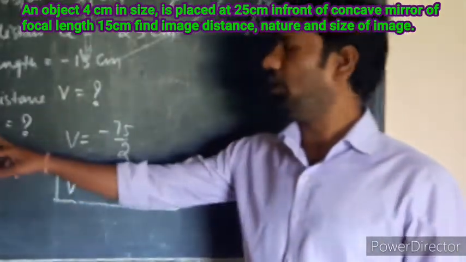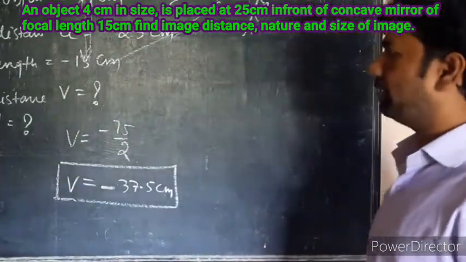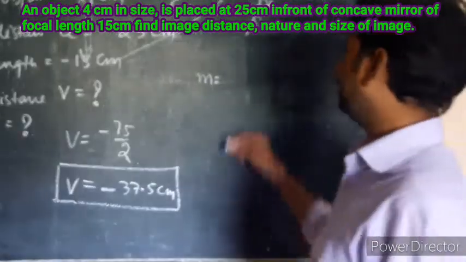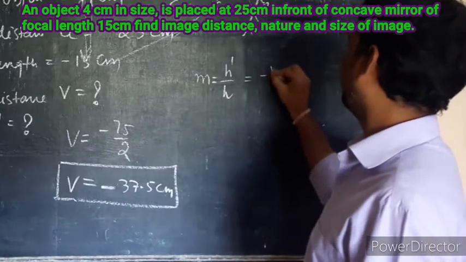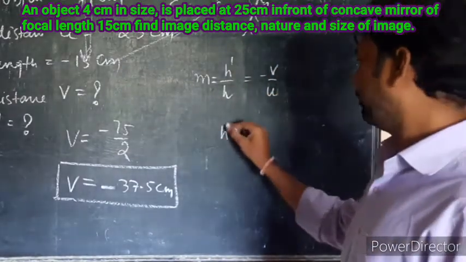Now we will look into h dash, the height of an image. How to find out the height of the image? We know the magnification formula, m is equal to h dash divided by h. This is the same as minus v divided by u. So h dash we want.